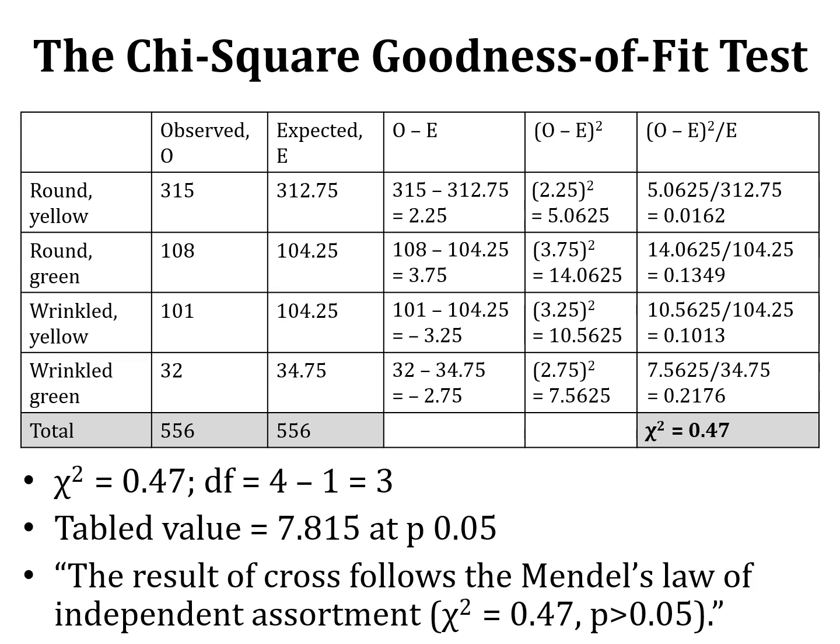So the probability of the null hypothesis to be true is greater than 0.05, therefore the results are non-significant. And therefore we are free to state that the result of the cross follows Mendel's law of independent assortment. The chi-square value is 0.47 and the probability of this value is greater than 0.05. So this is how we do the chi-square goodness of fit test.